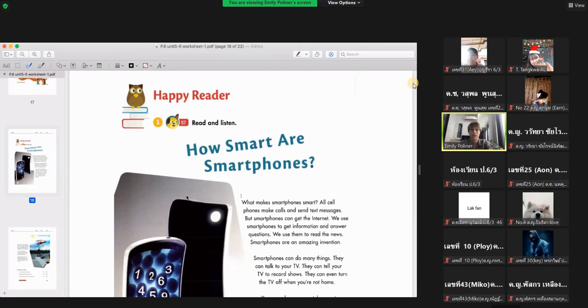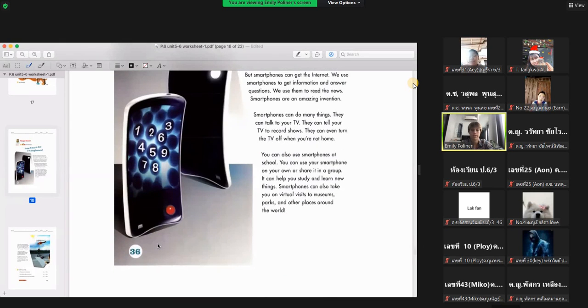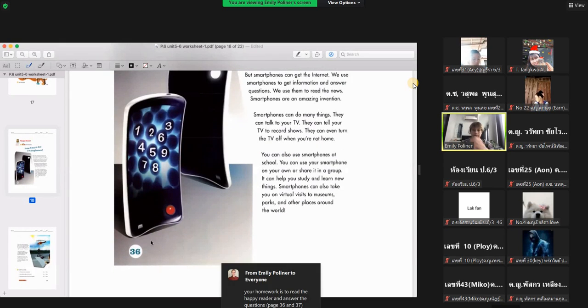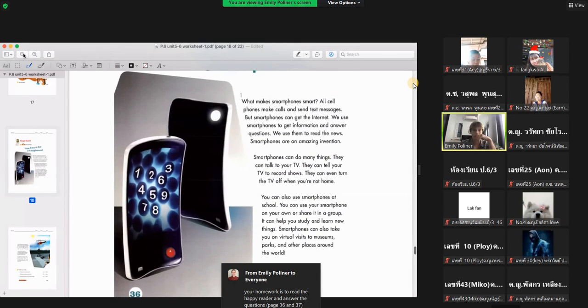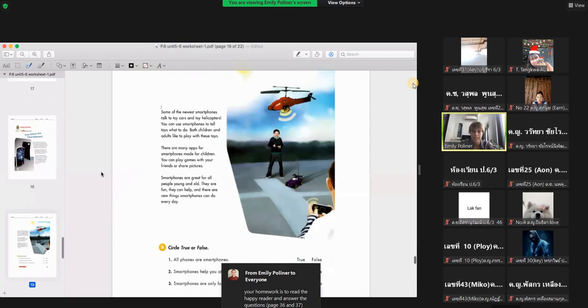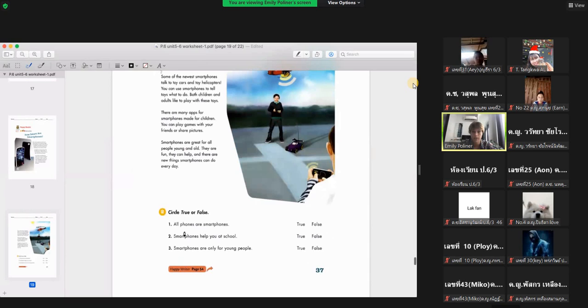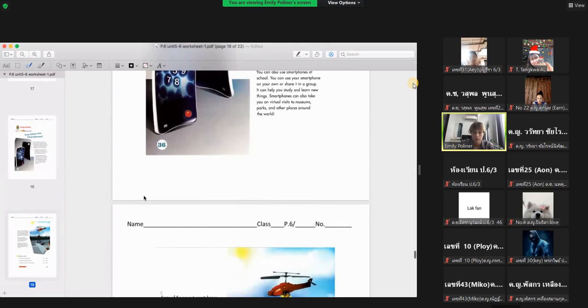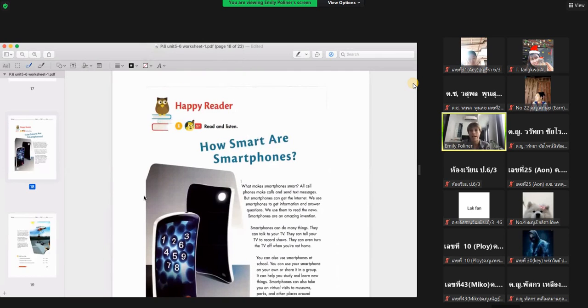So it's page 36 and 37. Only 3 questions on the bottom. I know it's a lot of words, but I really want you to try your best to read the happy reader. Okay? What's your homework? Read the happy reader.